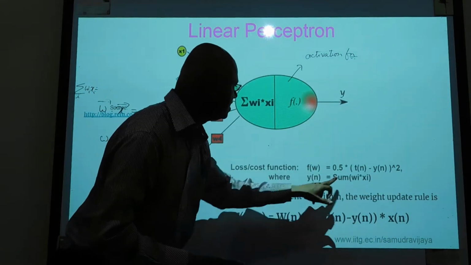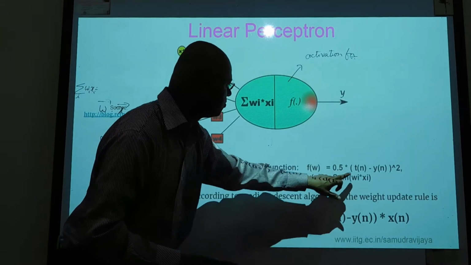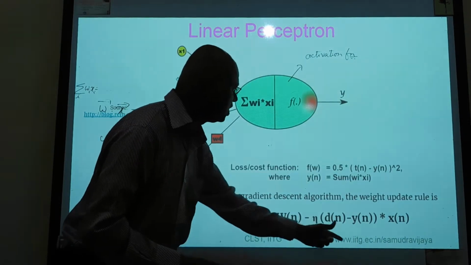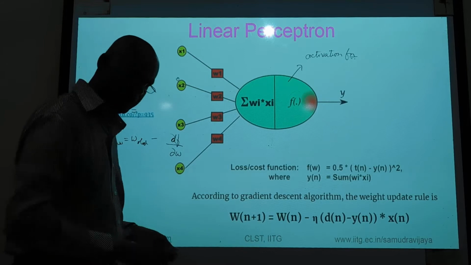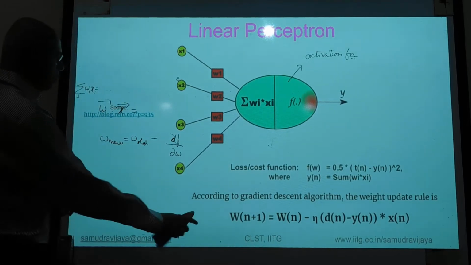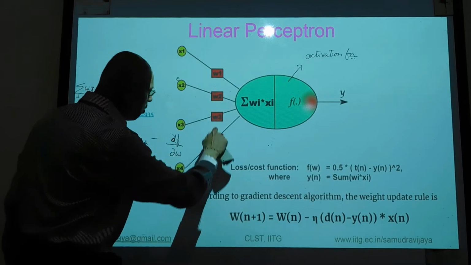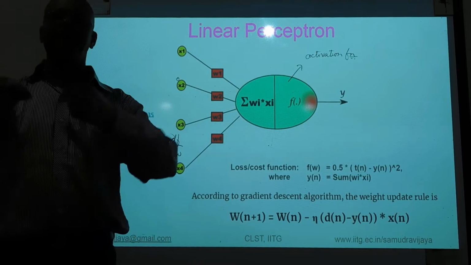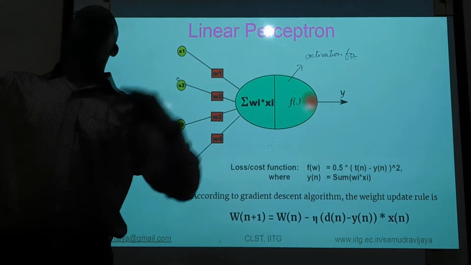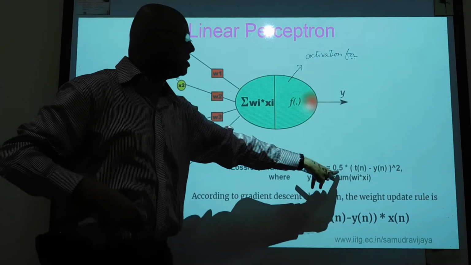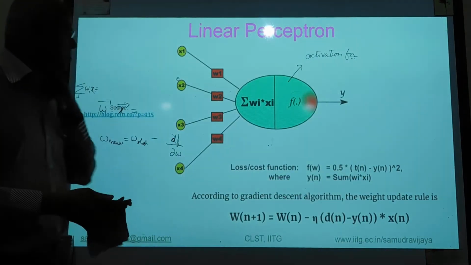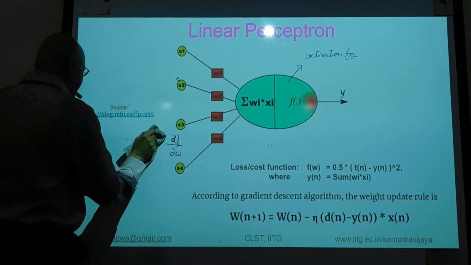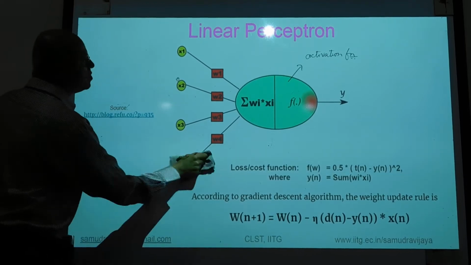The error is d, the same as t, the desired or target output, minus the actual or computed output of the neuron, times the input x of n. So this is the weight updation rule. This weight updation rule can be applied to all the weights here. This algorithm guarantees that the weights change in such a manner that the total squared error becomes least, or minimized. So this is the gradient descent algorithm in a nutshell as applied to updating the weights of the neuron.